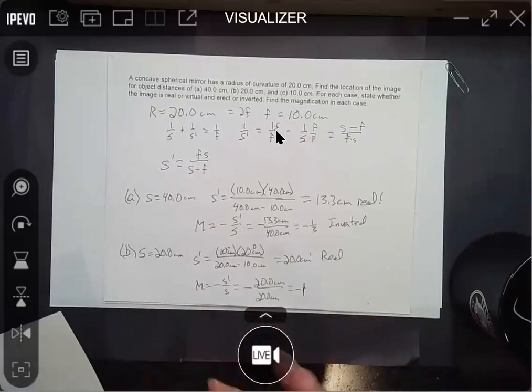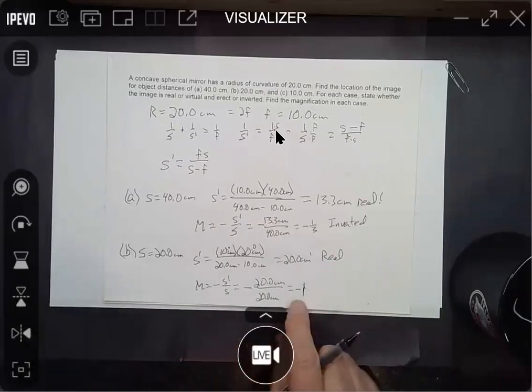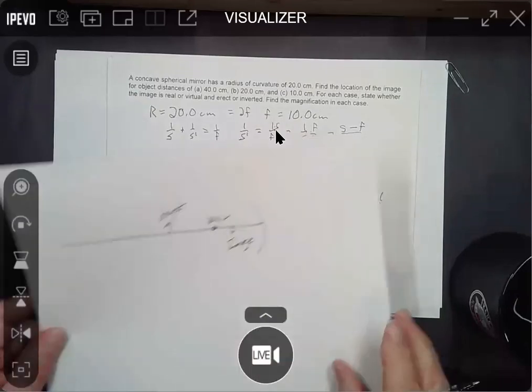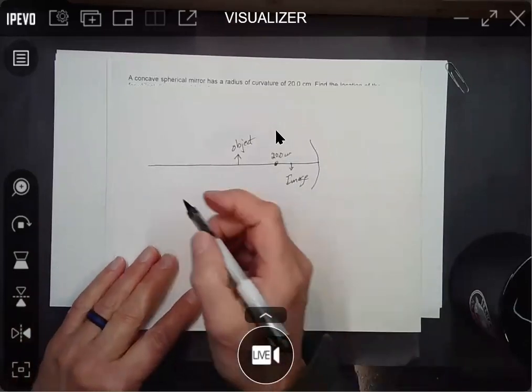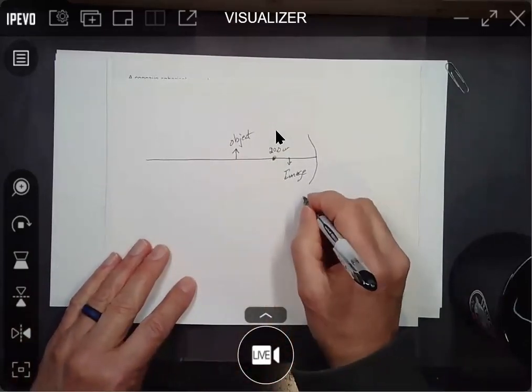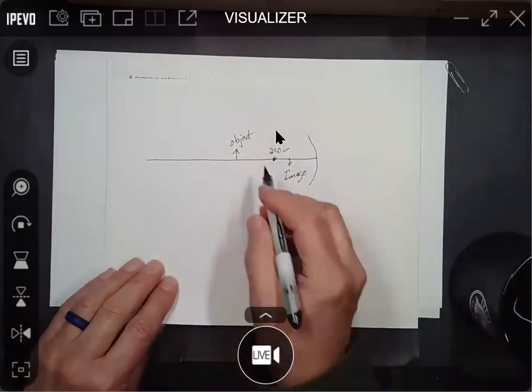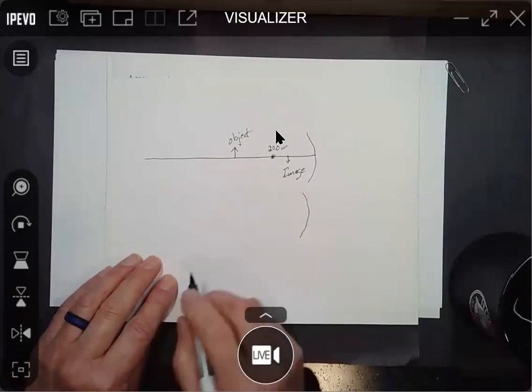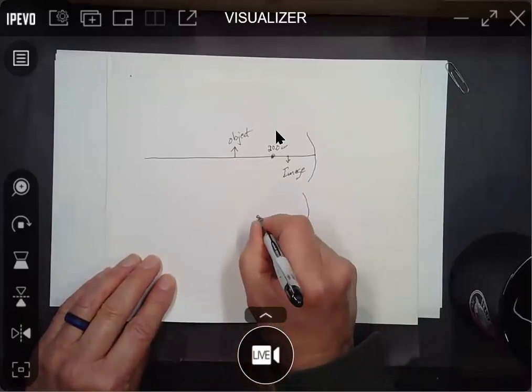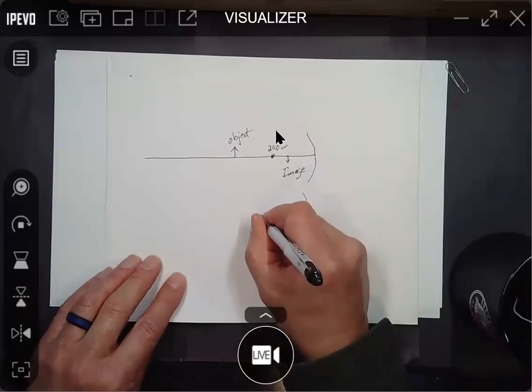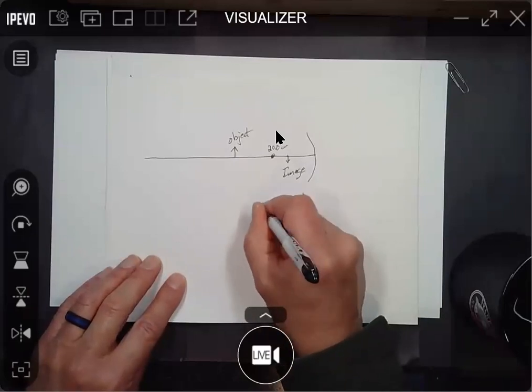And what else can I say about this? I don't know. That's just what it happens to be. So let's go ahead and make a sketch of this one. Same geometry, except I'm moving the object into here. So here's the center of curvature. Here's the object.